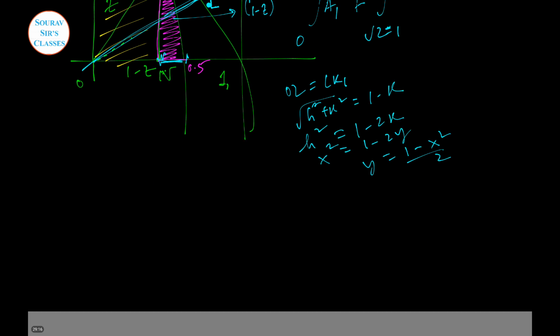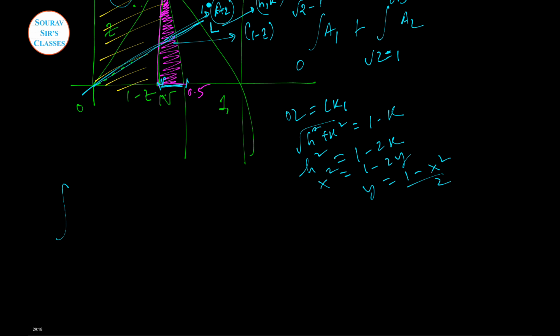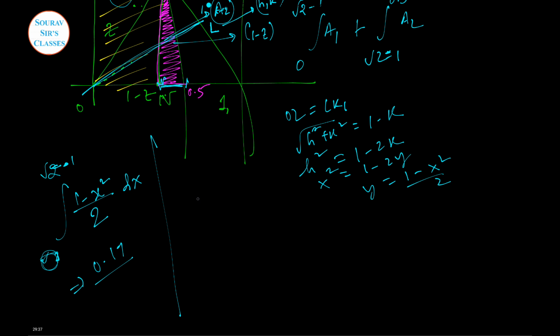So the first integration we now get as root 2, 0 to root 2 minus 1 dx. Okay, so here you can directly calculate this part.